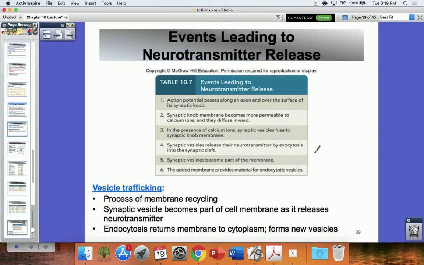At that point, the vesicles will release the neurotransmitters via exocytosis within the synaptic cleft, and those neurotransmitters will then bind to the receptors on the postsynaptic neuron to cause an impulse or some type of excitatory or inhibitory response.